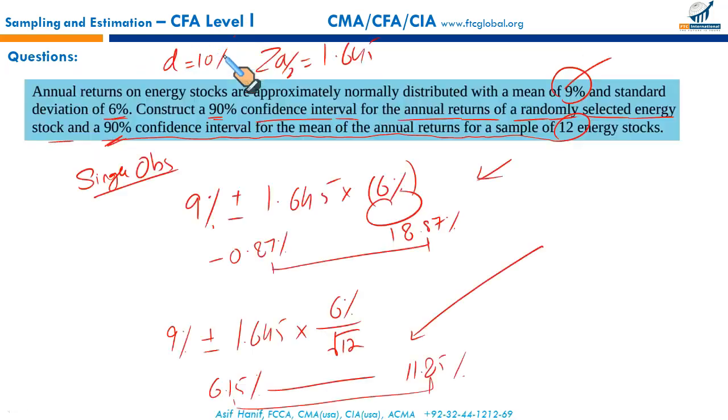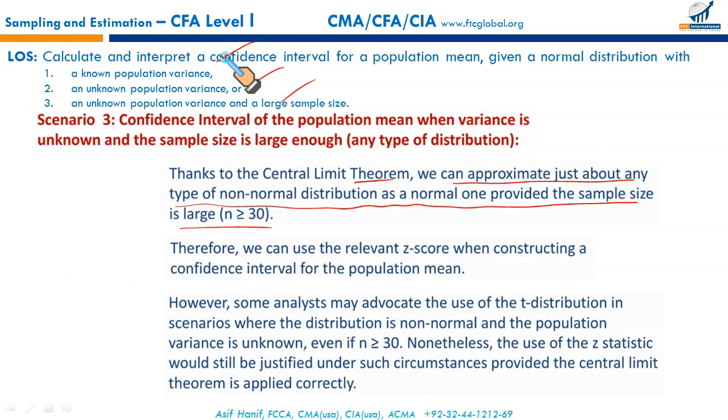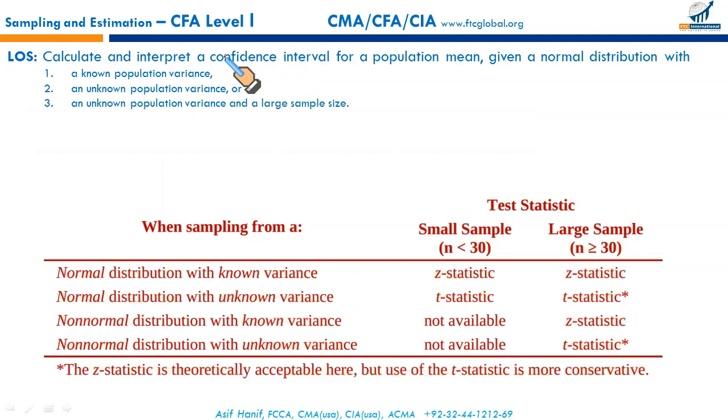Now what do we do? Go back and see what situation we fall in. We do not have the population variance, right? And N is 30. So you can do this with t statistics. Let us do it with t statistics. Even we can do it with z statistics, N is equal to 30 or above 30. But let's do it with t statistics.